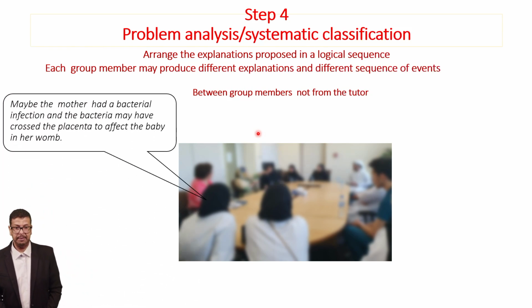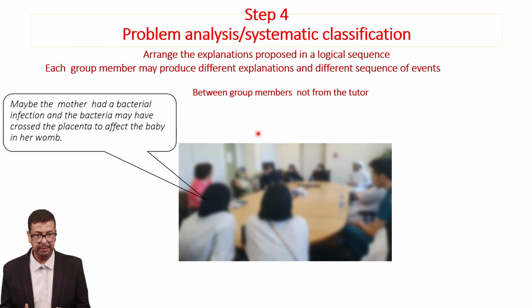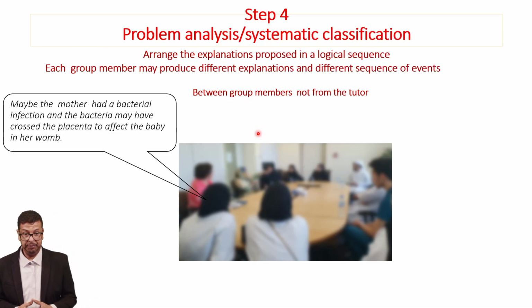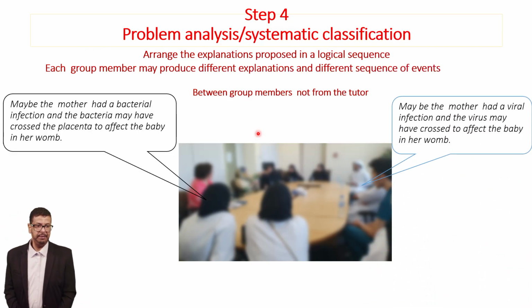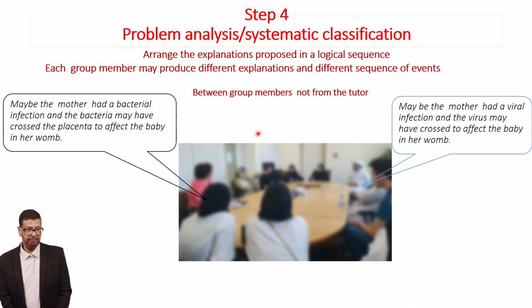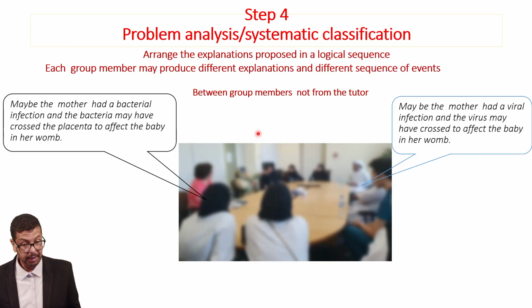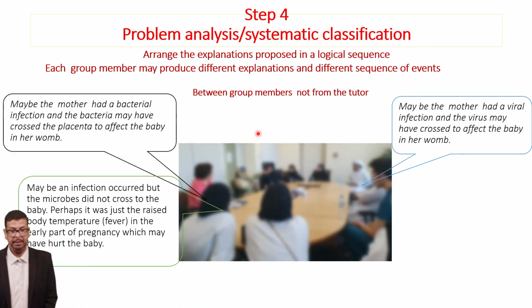Maybe the mother had a bacterial infection, and bacteria may have crossed the placenta to affect the baby in the womb. Or maybe the mother had a viral infection, and the virus may have crossed to affect the baby in her womb. Or maybe an infection occurred, but the microbes did not cross to the baby.